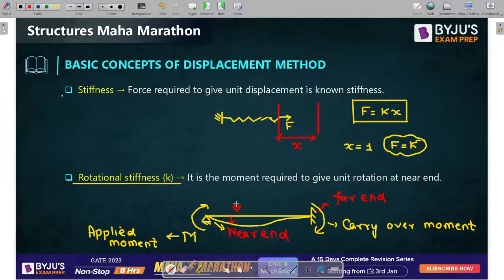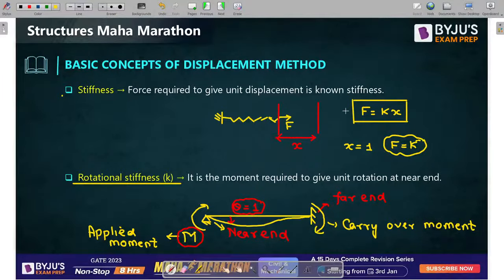So how much moment is to be applied so that this rotation should be equal to 1? That is known as rotational stiffness. Getting a point or not? How much moment you have to apply so that theta is equal to 1 at the near end? That is known as rotational stiffness.